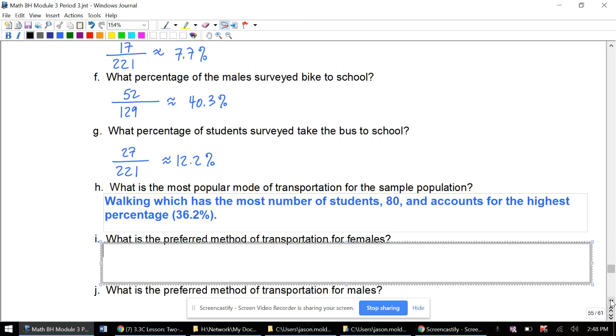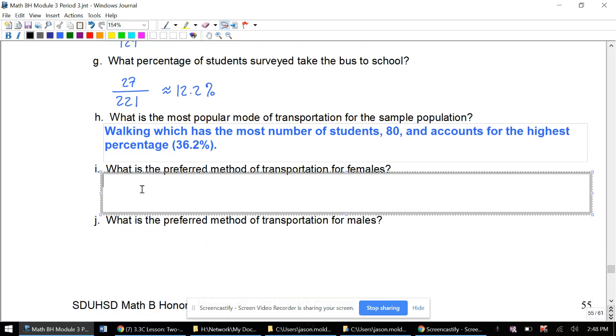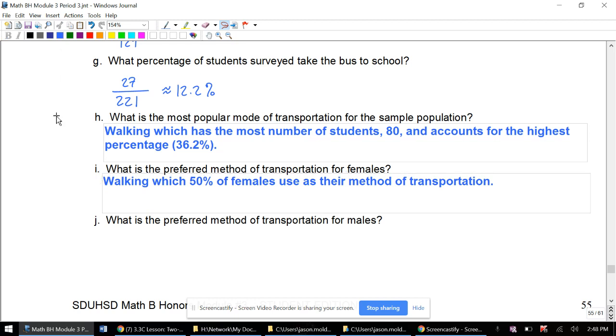So 46 out of 92, I believe, is exactly 50%. So walking, which 50% of females use as their method of transportation. Because that was 46 out of 92.